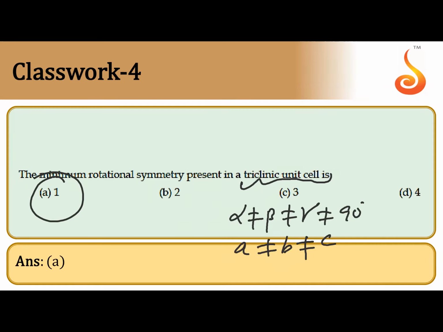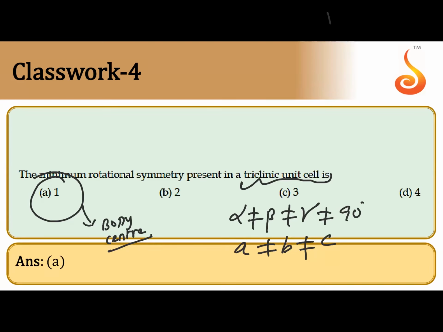With respect to a face or an edge, you will not have a rotational axis of symmetry, only due to the body center. If you pass a rotational axis around the body center, which connects the two corners, and rotate it, you will get only one rotational symmetry. Therefore, option A is correct.